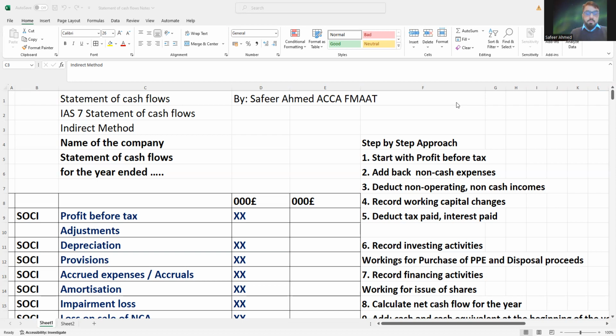So the key difference is when we prepare the cash flow statement, we are going to look at the cash perspective, just cash transactions.